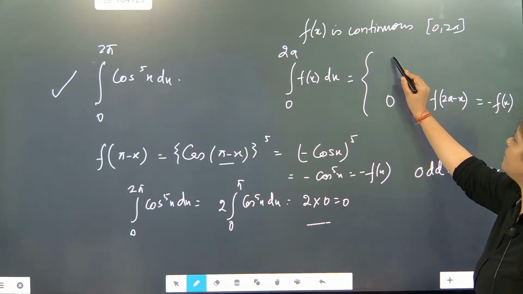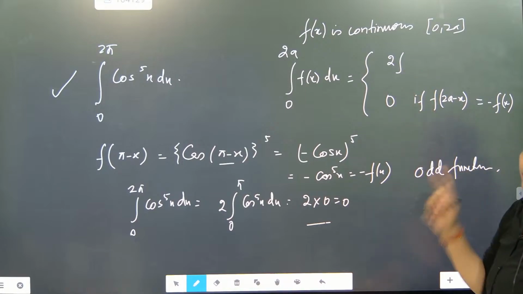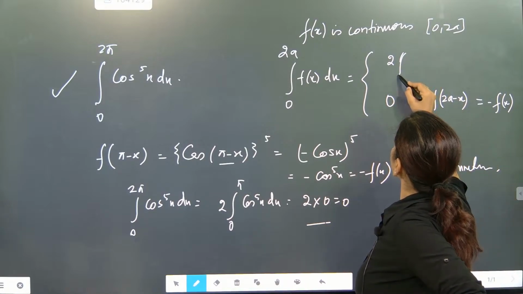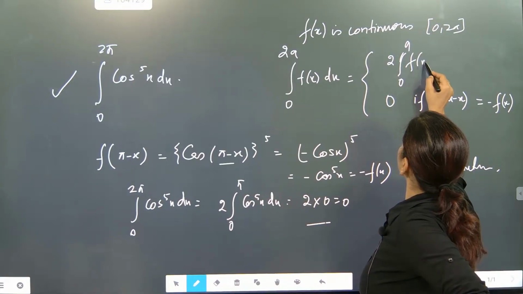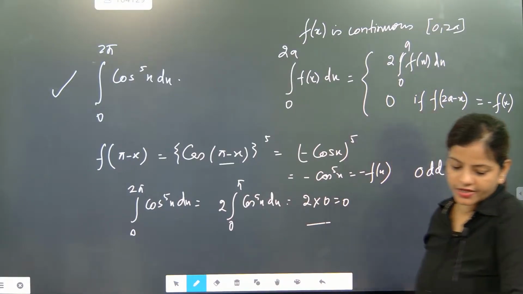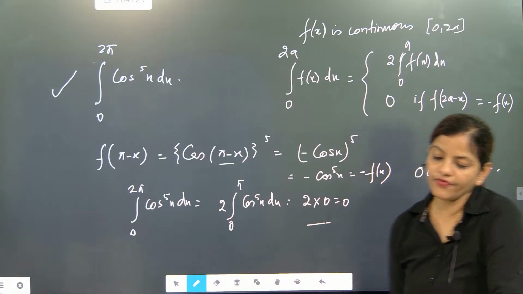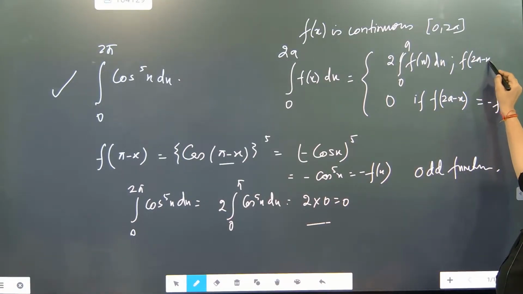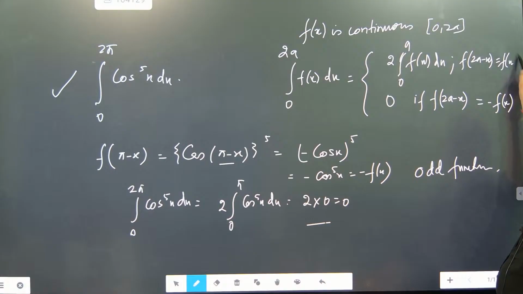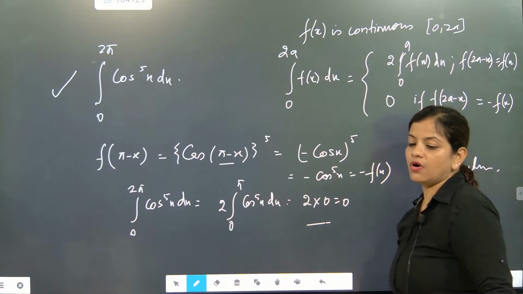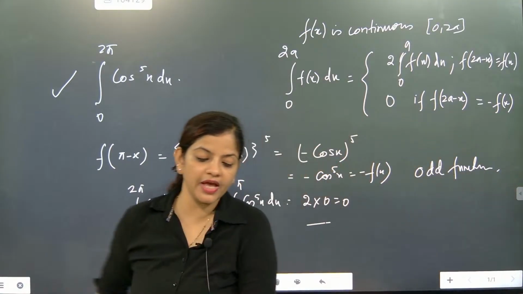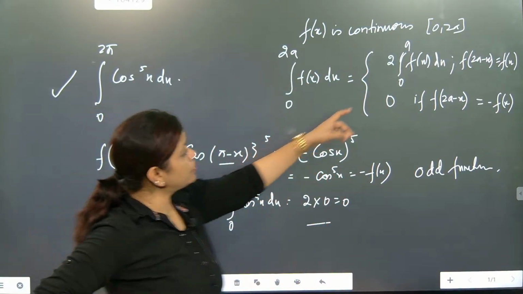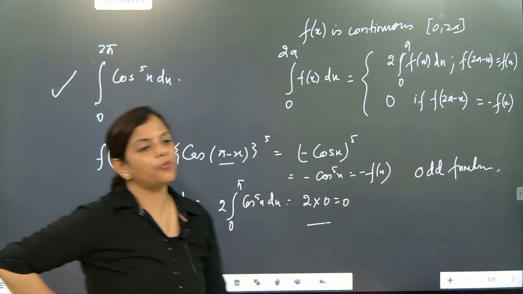And then it will give you 2 times the integral from 0 to a of f of x dx when f of 2a minus x is equal to f of x, understood? So the odd and even section here also will be applicable. Note down this property.